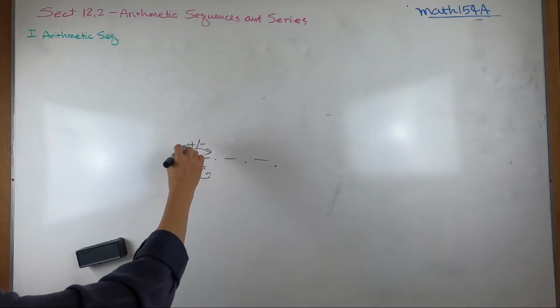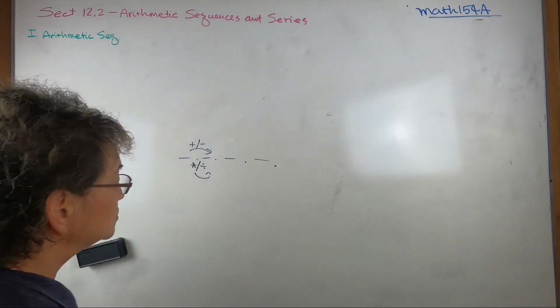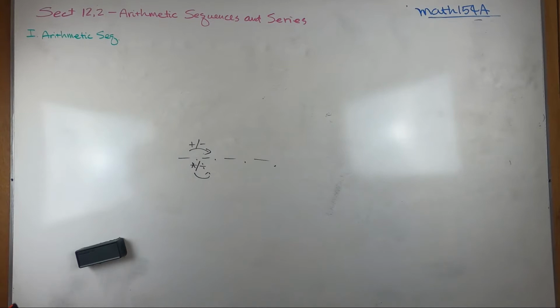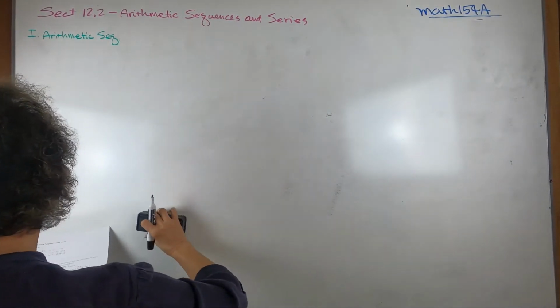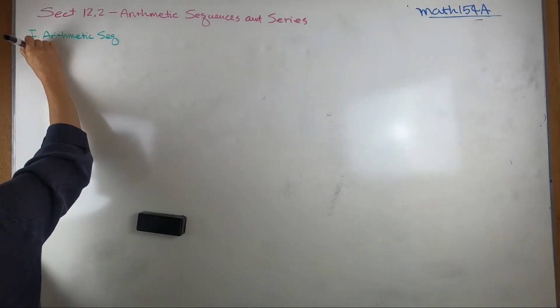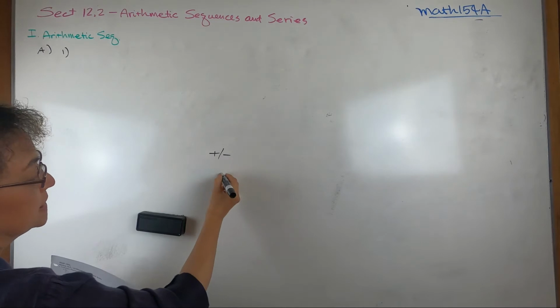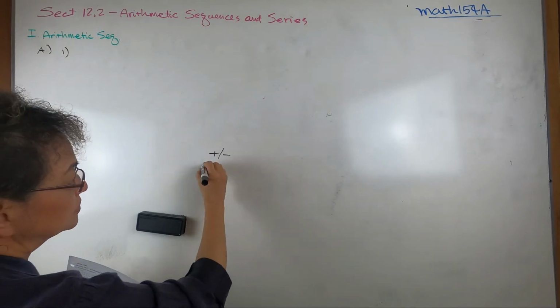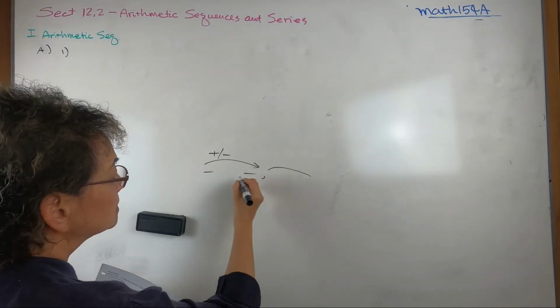We do the simple sequence for now. Arithmetic sequences are this way, okay? So by adding and subtracting a fixed number to get to the next item, okay?